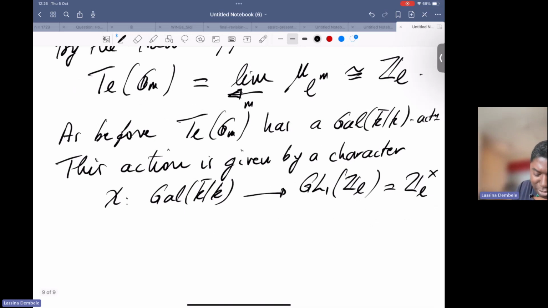And this character is known as the cyclotomic character.